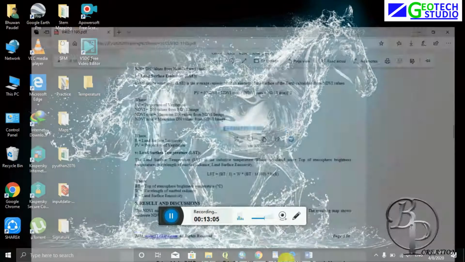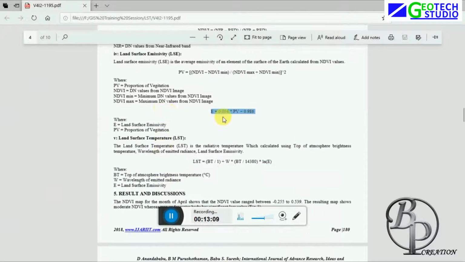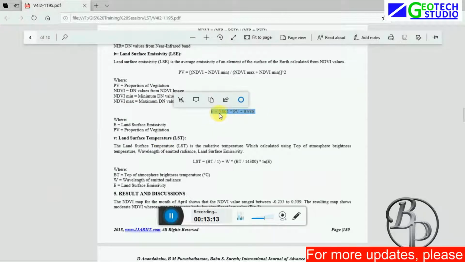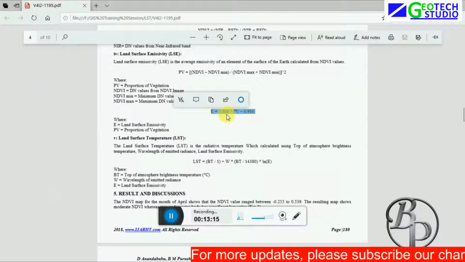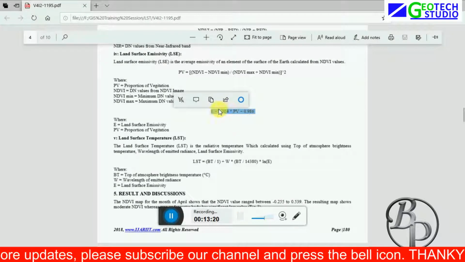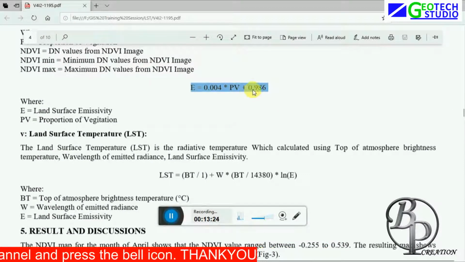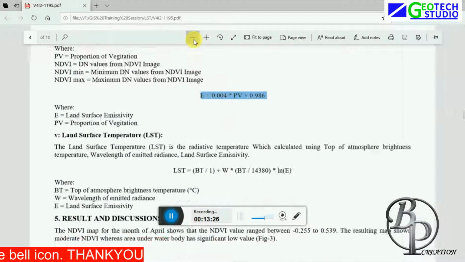After that I am going to calculate the land surface emissivity here, as we have got the PV value too. You can see the formula clearly here, in the constant value.